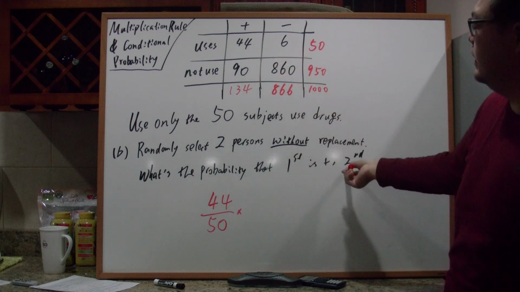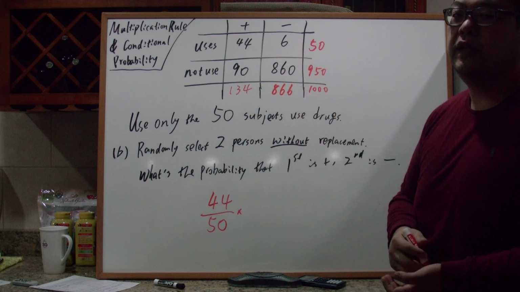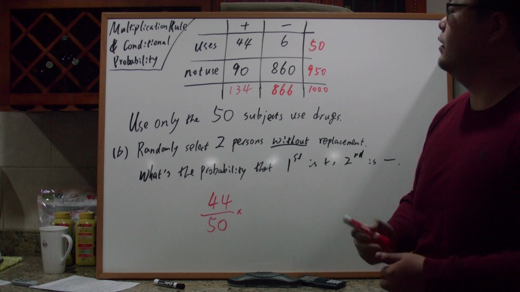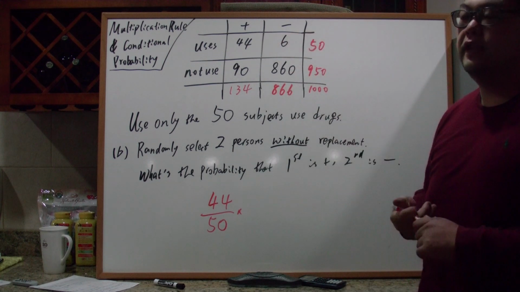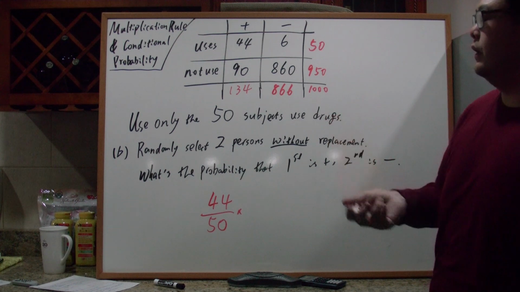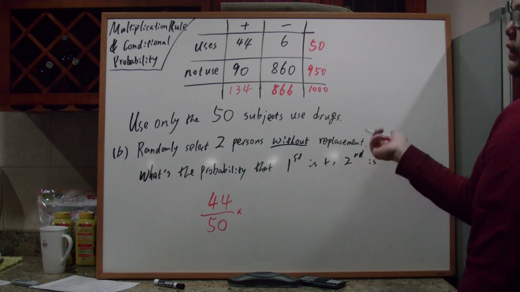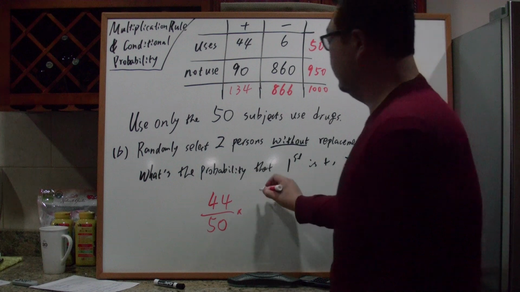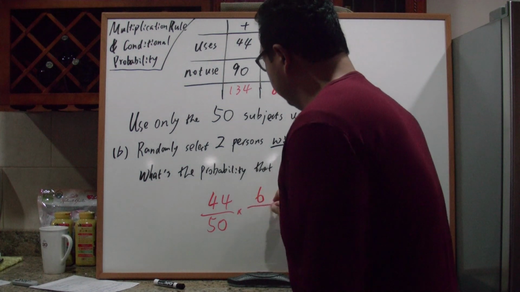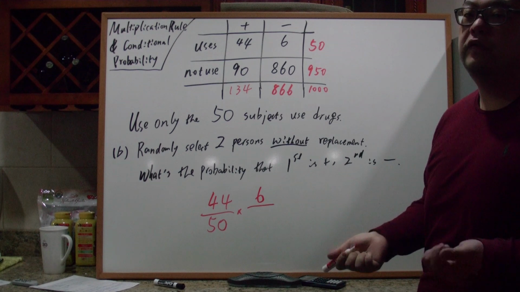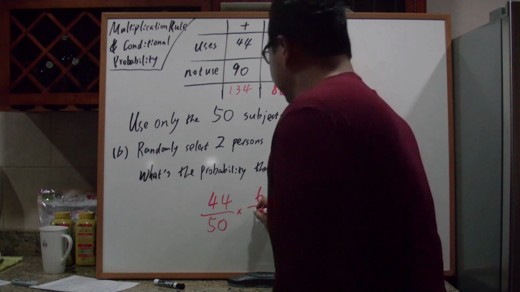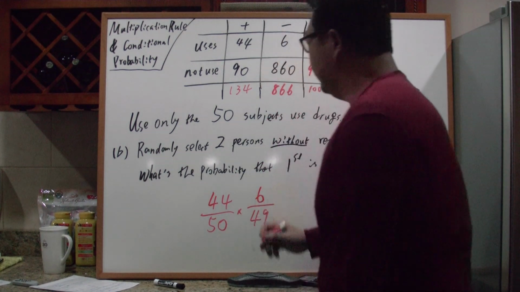So if we want to select the second to be a negative test result, we're still selecting 6 different persons, right? We still have 6 different ways to select that negative person out. But out of, instead of 50, now we have 49. Not making sense, right?